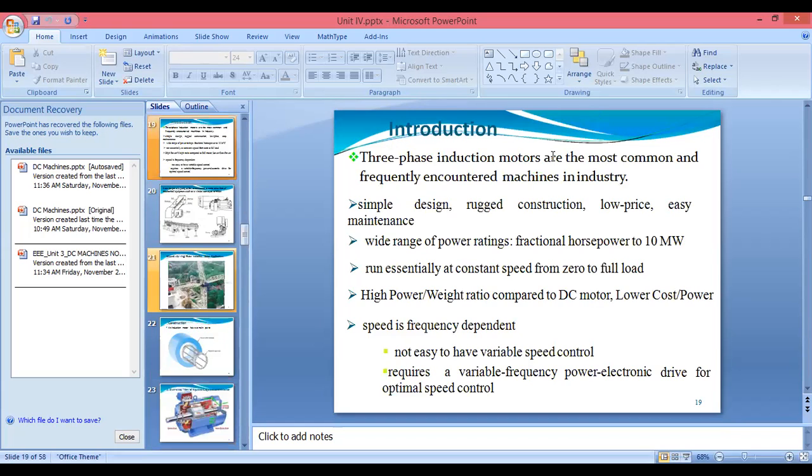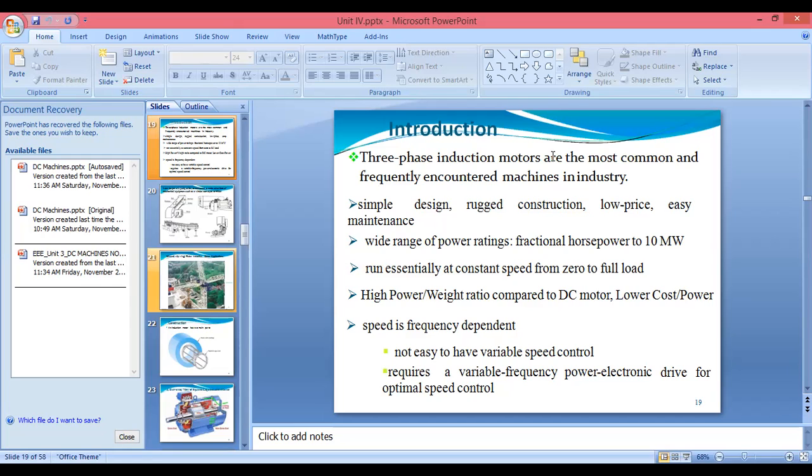So here, what we are saying about the 3-phase induction motor is that we can call it an asynchronous motor. It is the most common and frequently encountered AC machine available in the industry.